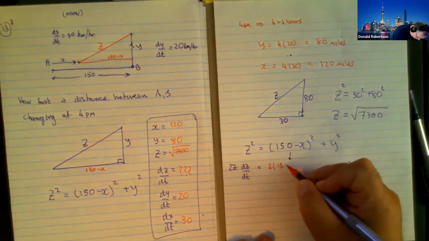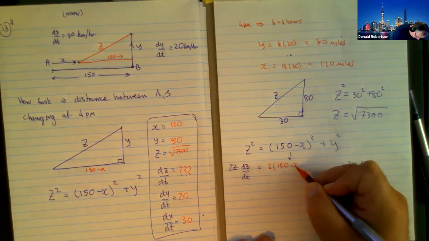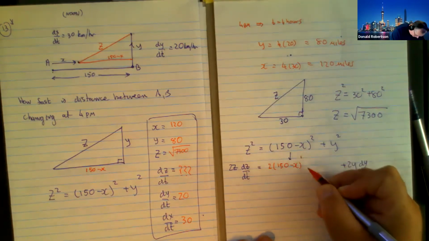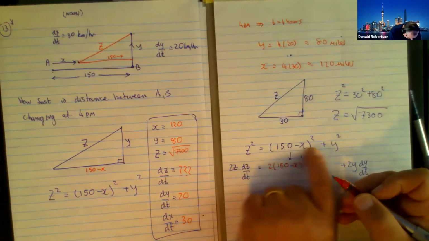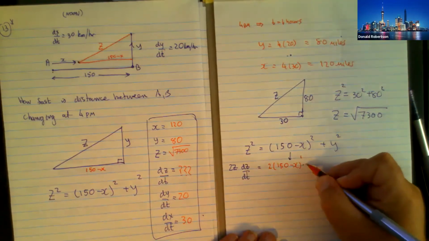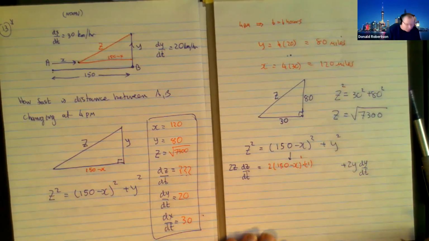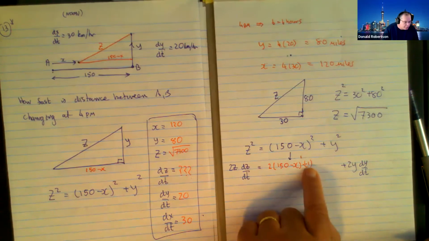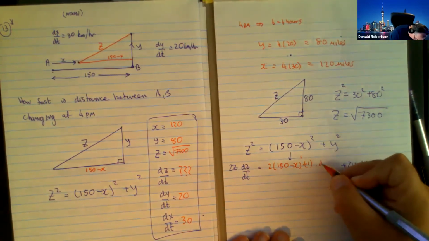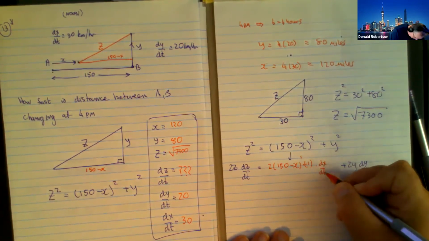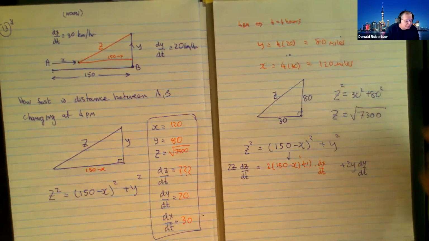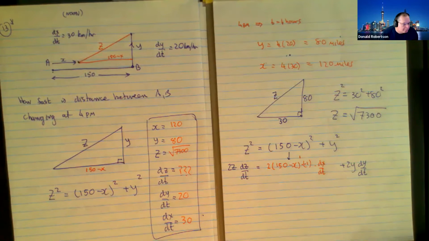It's 2 times 150 take away x to the power of 1 times the derivative of the inside function, which in fact is the number -1. Are you comfortable where that extra -1 came from? And then you can finish with dx by dt. So that one's a bit ugly, wasn't it? You had to do a little bit more to make it happen.